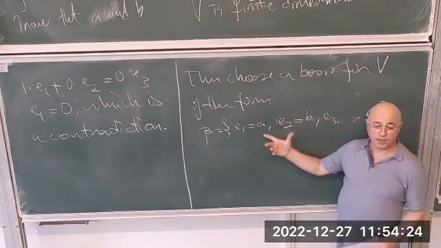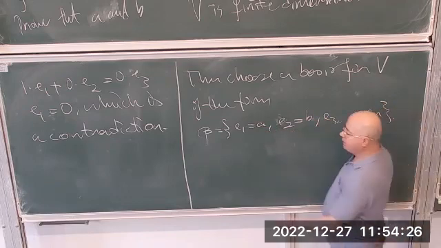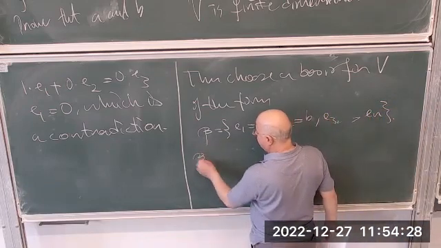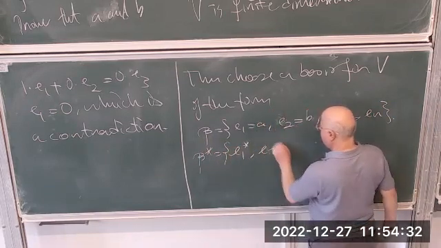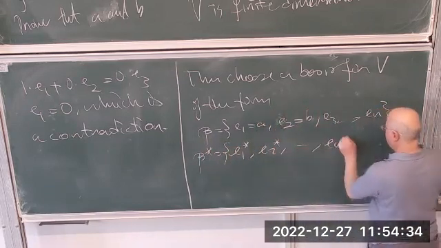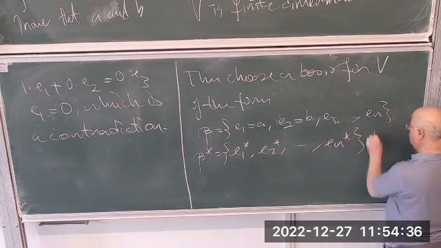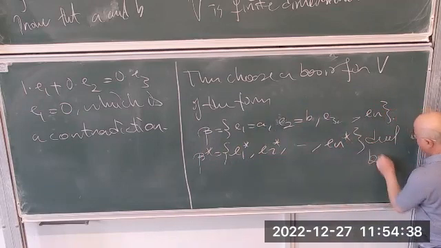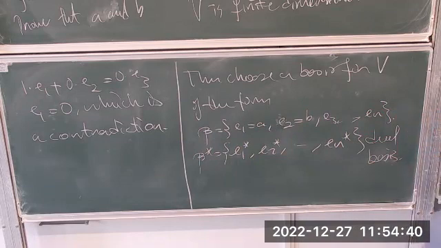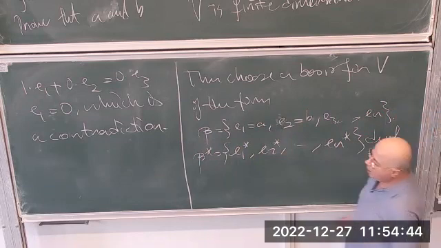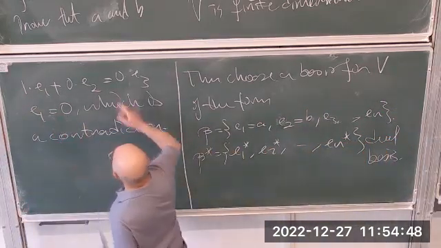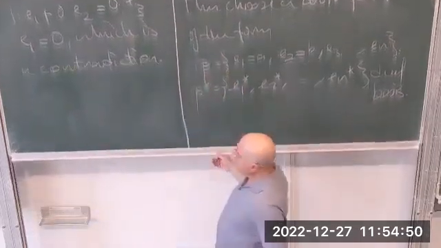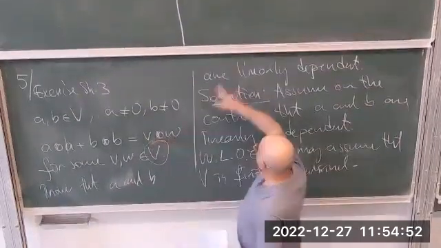The first 2 elements are A and B. Well, then we have the dual basis, E1 star, E2 star, up to En star, the dual basis. Okay. And then we do what? I'll apply the same trick here. I will hit this identity with these basis elements.